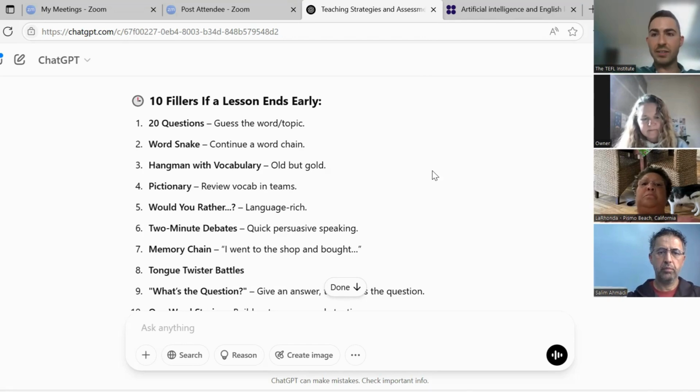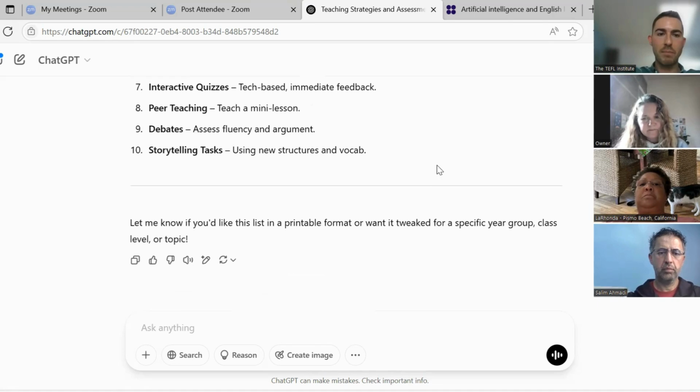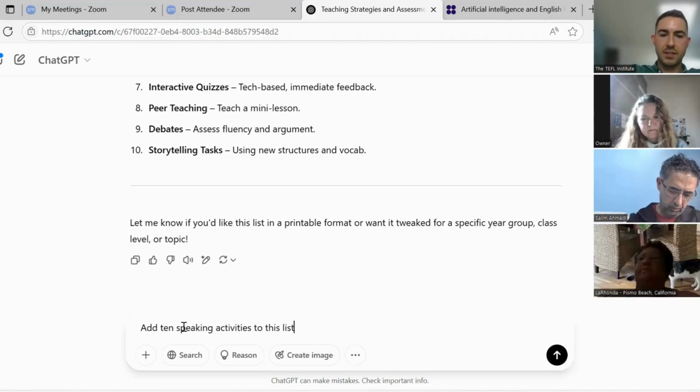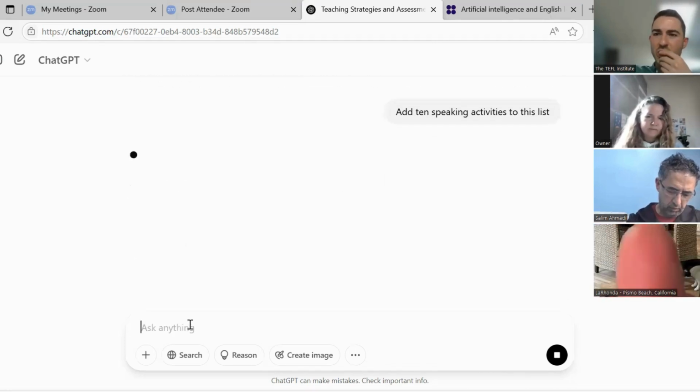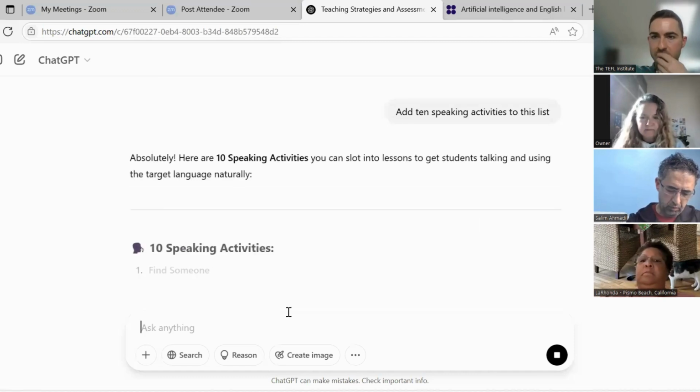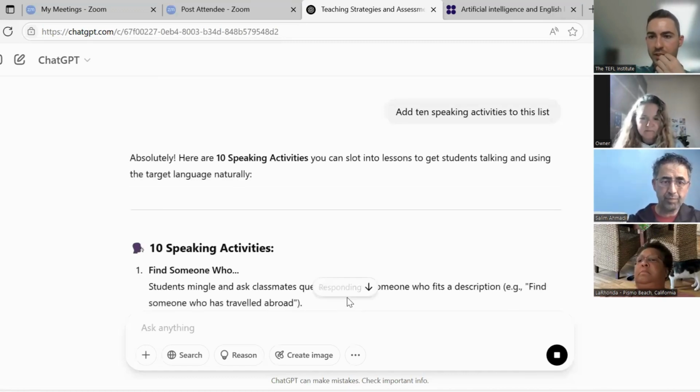Another one I actually added that I haven't added here is communicative activities. So I might come to the bottom and say, add 10 communication or add 10 speaking activities to this list. Because in every lesson, they should ideally be doing some form of communicative language work.